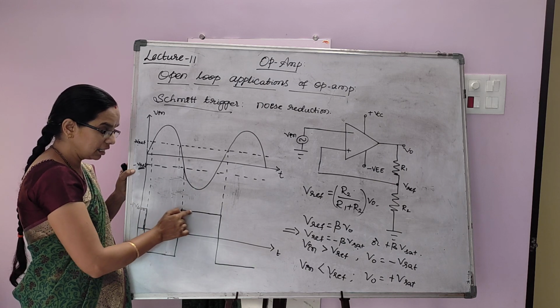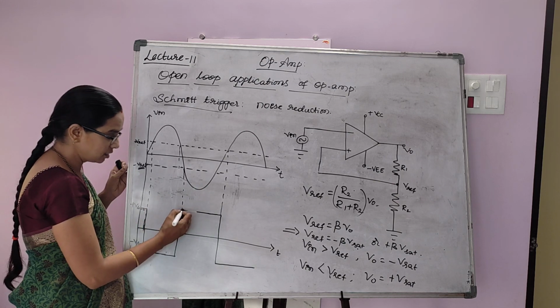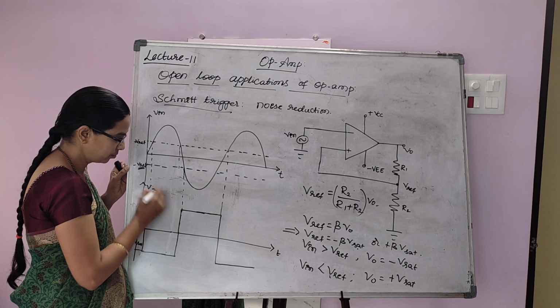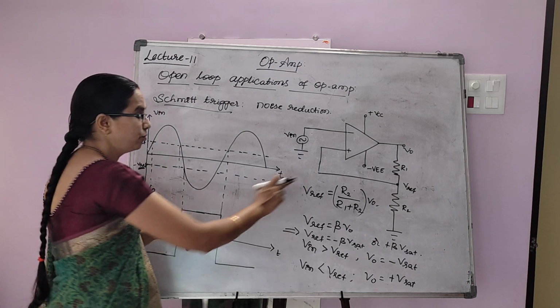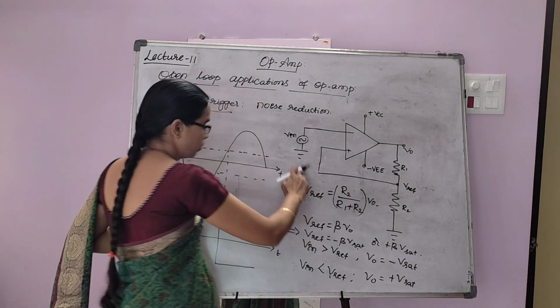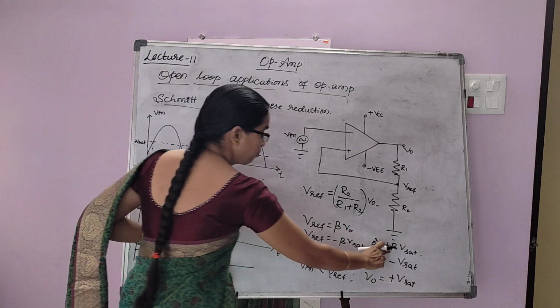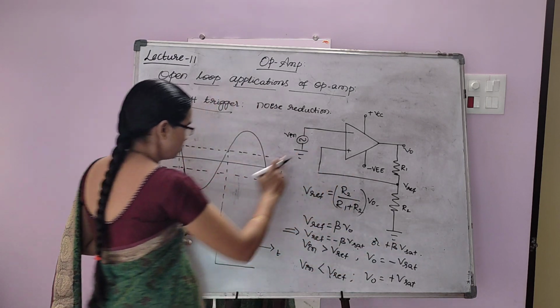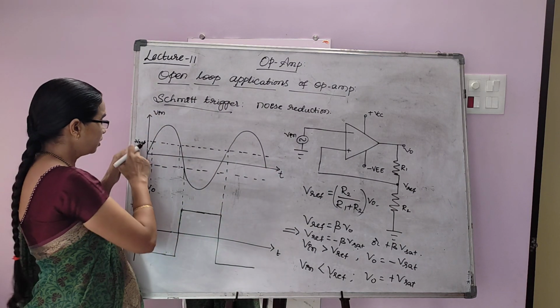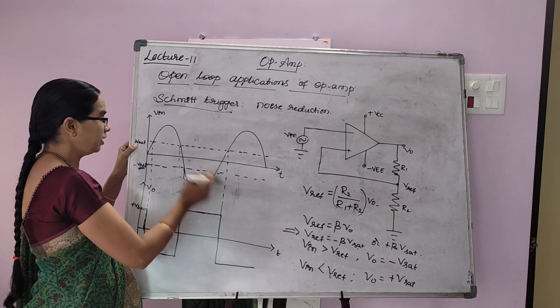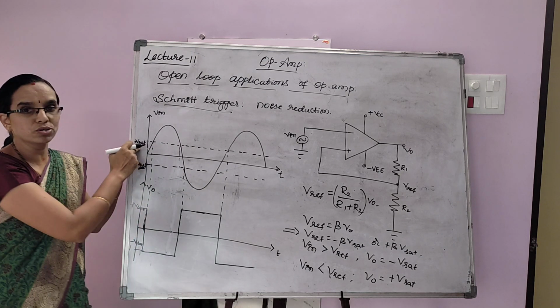Whenever the output is in this state, the feedback voltage will be the fraction of the positive reference, right? So that will be plus beta V saturation. So it starts comparing the input voltage with the positive voltage.